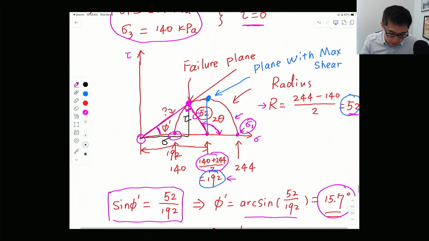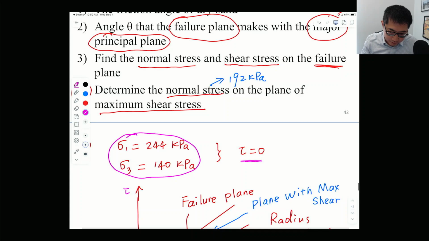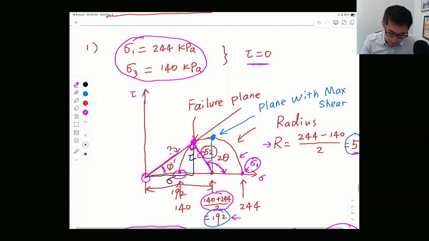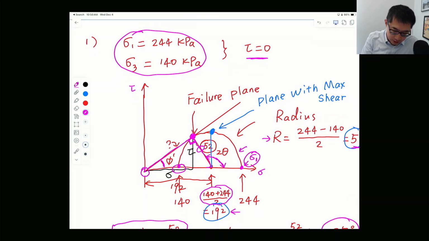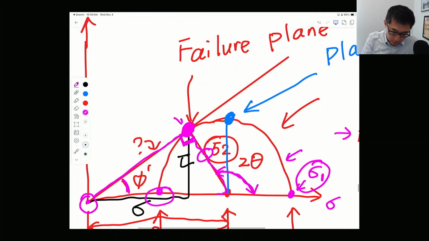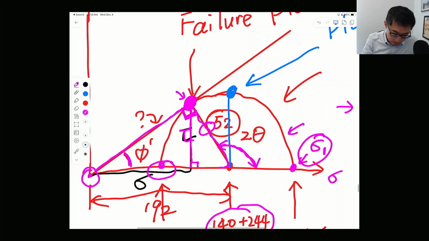So next is to find the normal stress and the shear stress on the failure plane. Basically, what they're asking for is the coordinates of this point over here. Naturally, you just come down here, and they're asking for what this leg is going to be and what this leg is going to be.